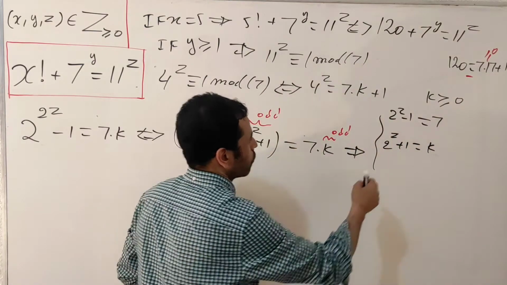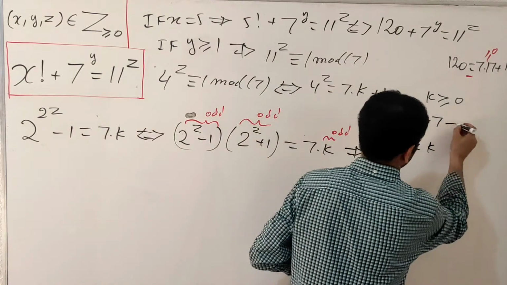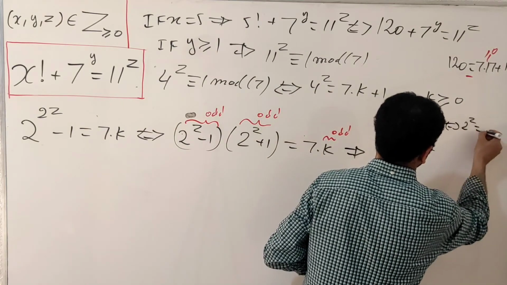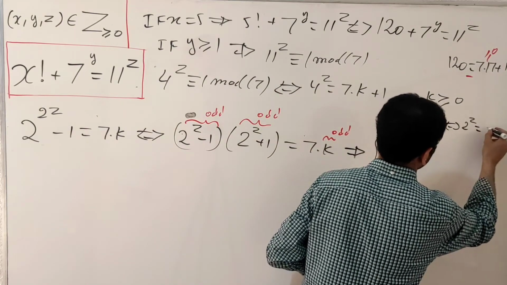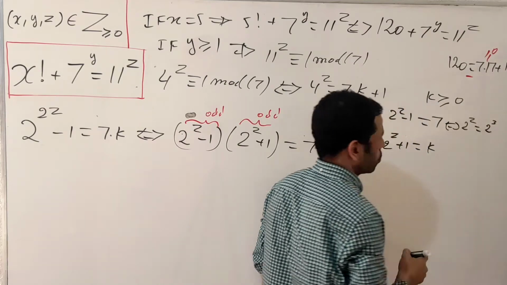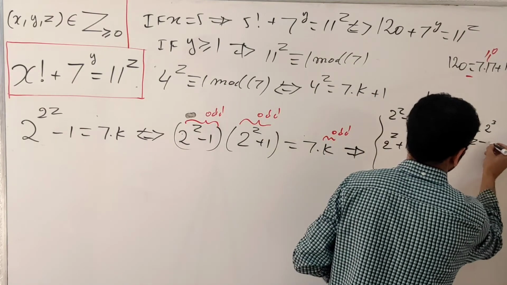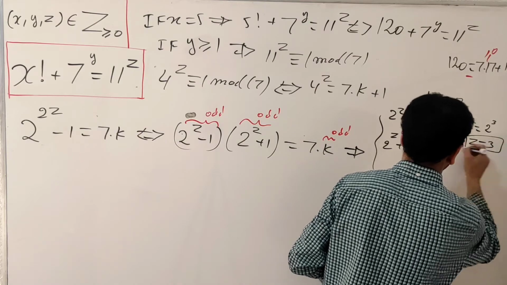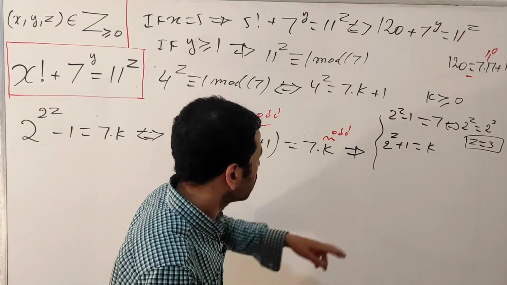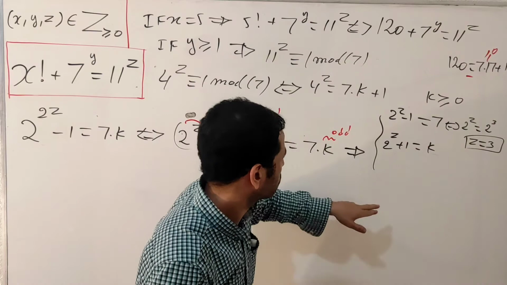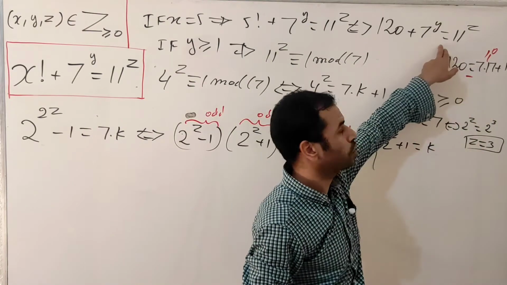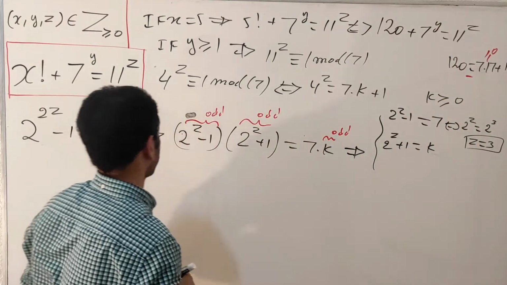By moving this one over to the right, I will get 2 to the z equals 7 plus 1, which is 8. 8 is the same as 2 cubed. This means z equals 3. If z equals 3, I'm going to take this value of z and insert it into the original equation to see what the y value is.